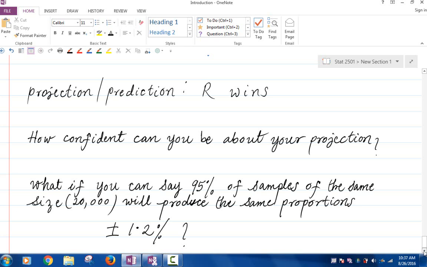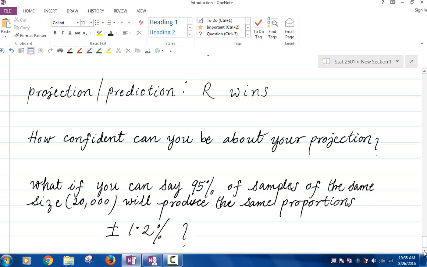And what we are saying here is that 95% of the samples will produce the same proportions, 45, 40%, up to an error of 1.2%. So plus or minus 1.2%. So if you think about it, that means most of the samples, 95% of the samples, will tell you who's winning: Roosevelt, right? Because that error is small enough that there is still a gap between the two, right?